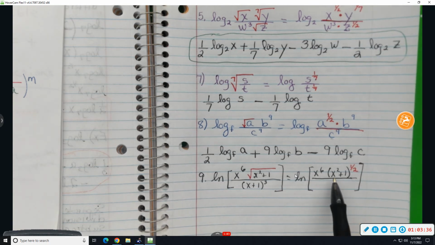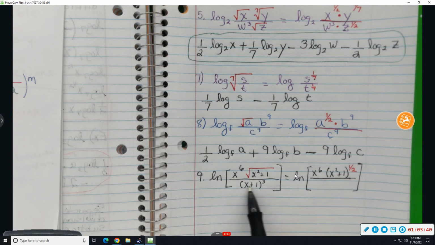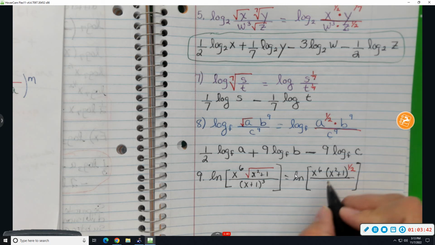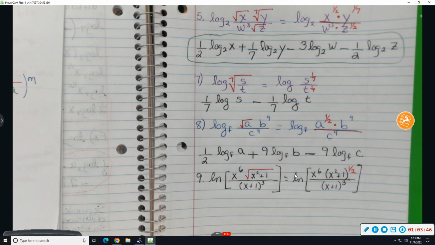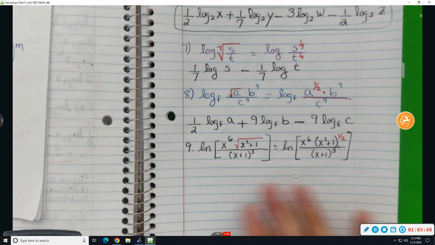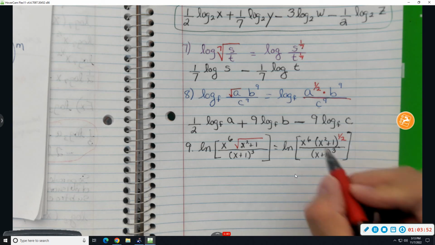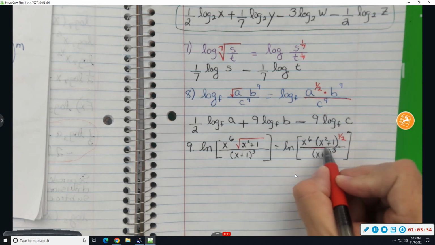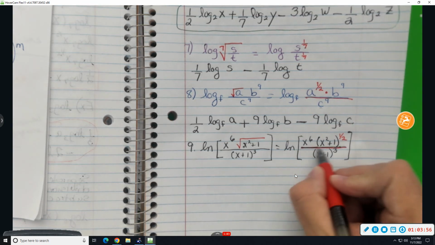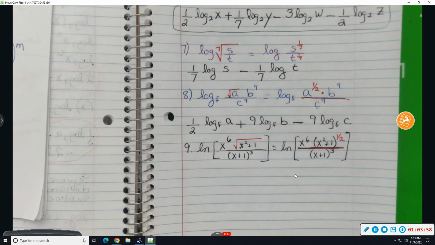Notice we can't separate the x squared plus 1, right down here, or the x plus 1. So now we're ready to see how we separate it. Well, there's really only one place where there's a multiplication dot.